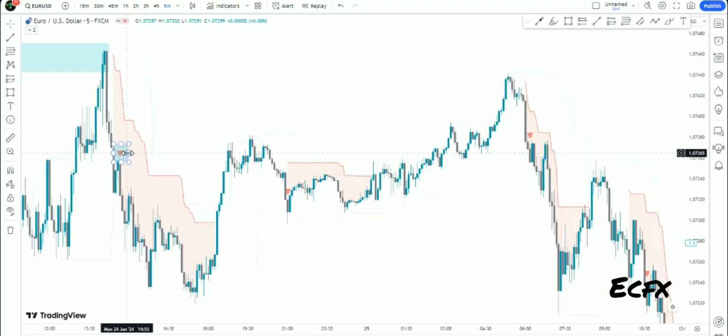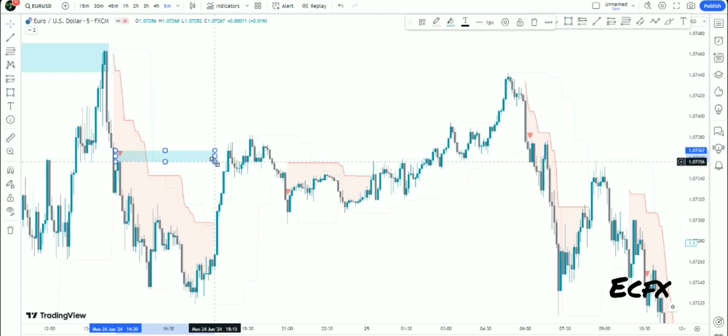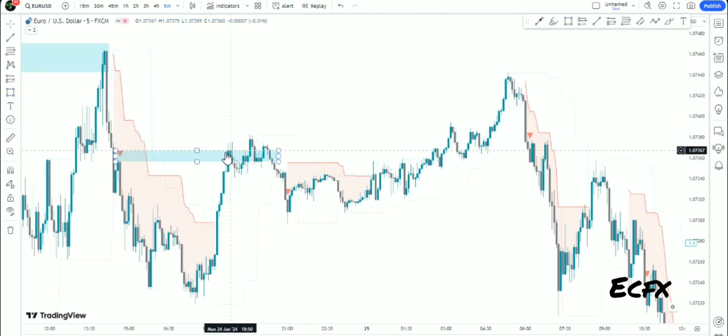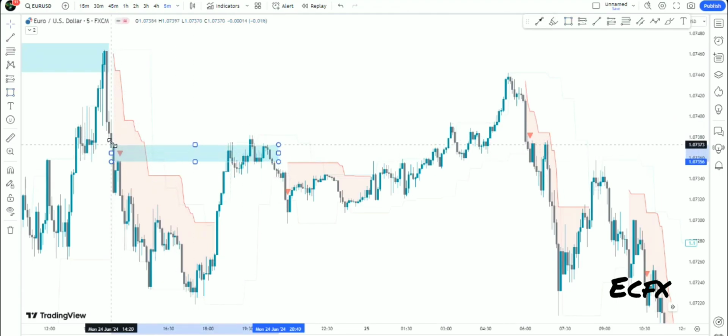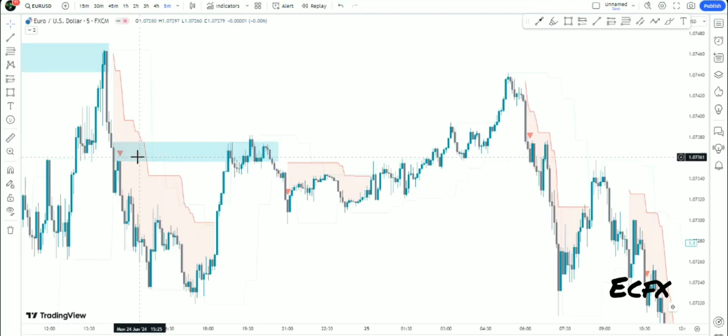Then you are going to mark out the 5-minute indicator. You can either mark out the entire candle where it formed, or you can mark out just the 5-minute indicator. You're going to pull it across, and then you can take shorts from there.